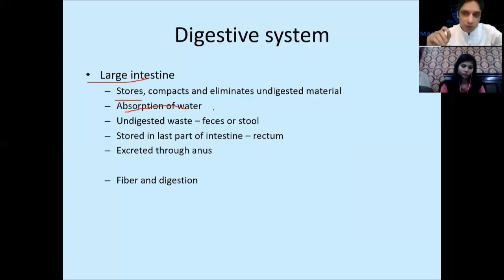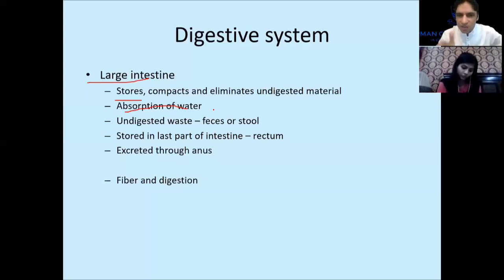If because of some error the large intestine started absorbing more water, and this is often a problem people have, the undigested food, which is in the form of feces, will be very dry, and it results in constipation.